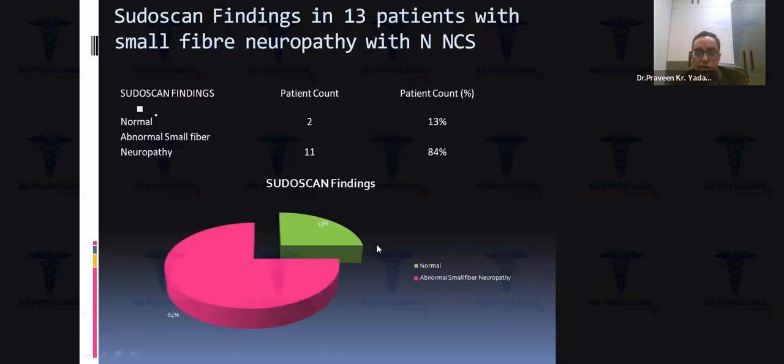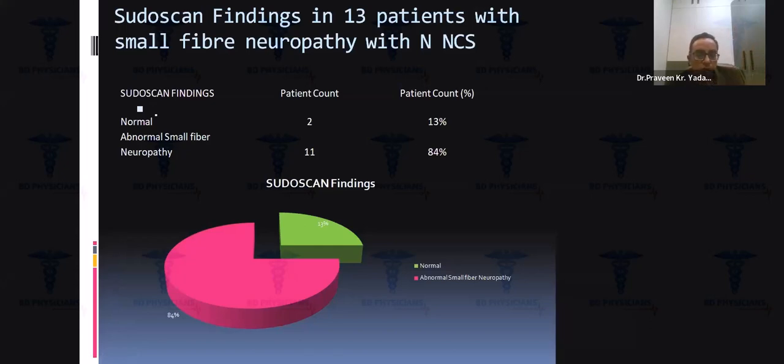It's quite a handy test, and we have used it in some patients with small fiber neuropathy. What we did is we selected patients clinically who had symptoms and signs of small fiber neuropathy, and then we did a standard nerve conduction study.